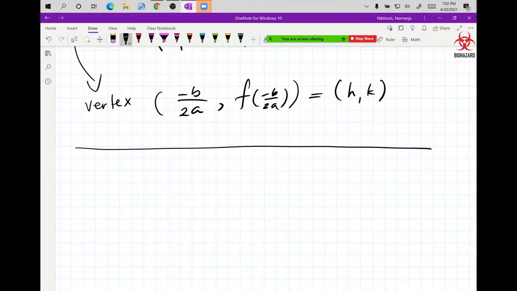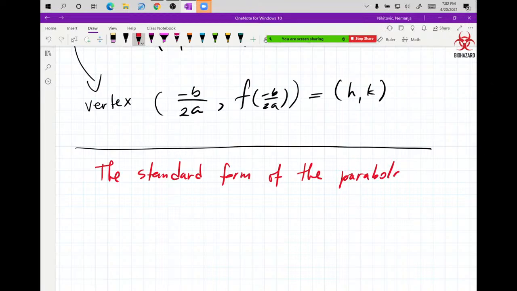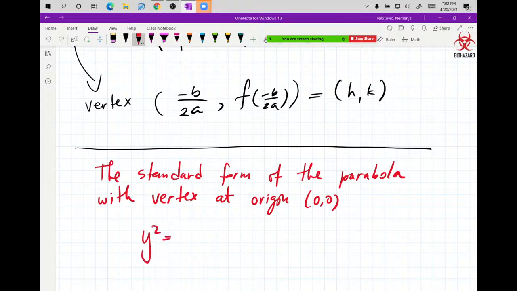The standard form of the equation of the parabola with the vertex at the origin, meaning (0, 0), is given as y squared equals 4px, or x squared equals 4py.